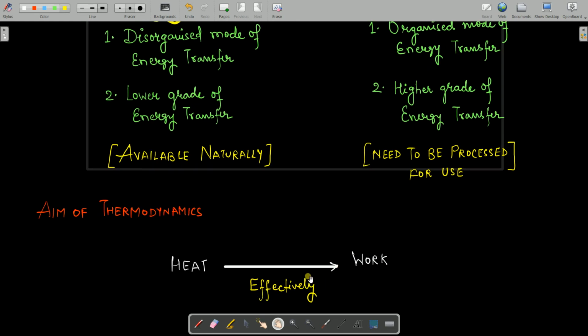Our purpose is how effectively we can convert heat into work. So we keep on increasing the efficiency and so on. We keep on improving our devices in order to convert this lower grade mode of energy transfer to a higher grade mode of energy transfer.